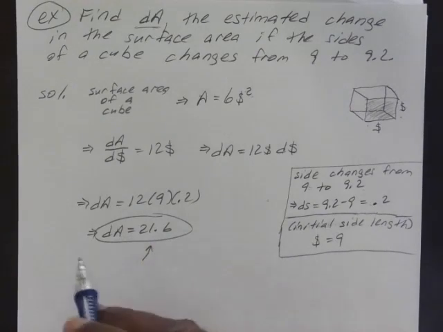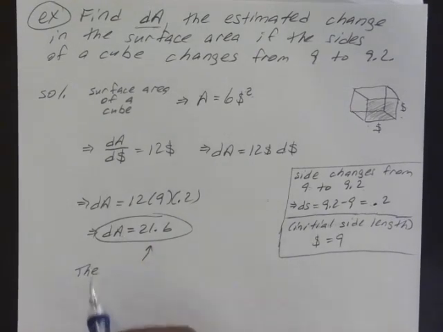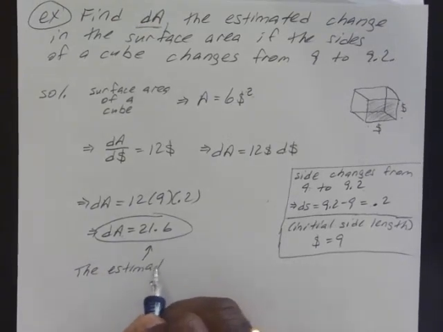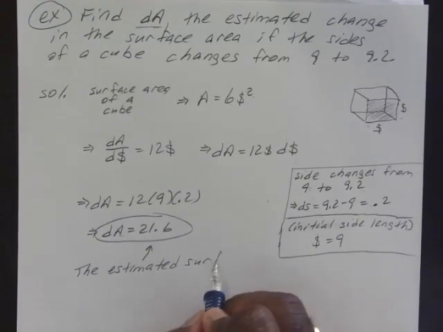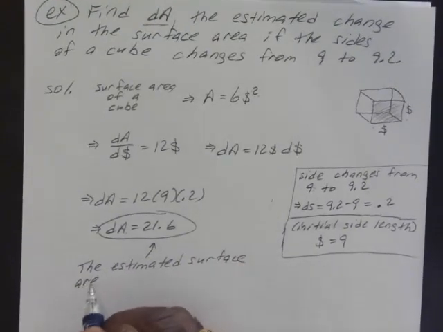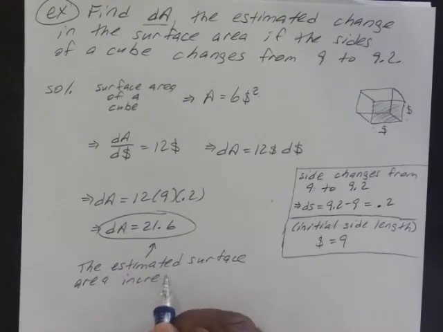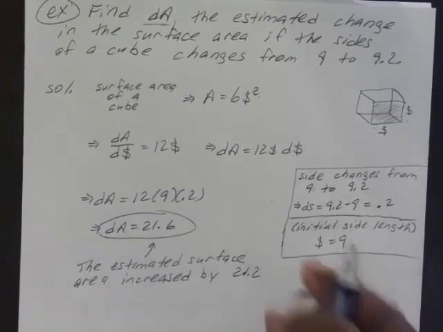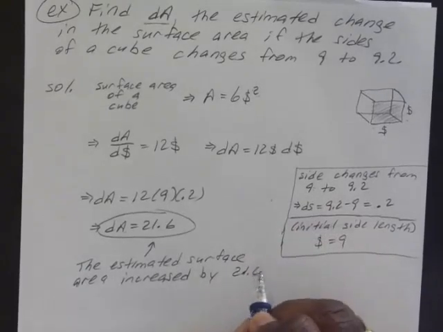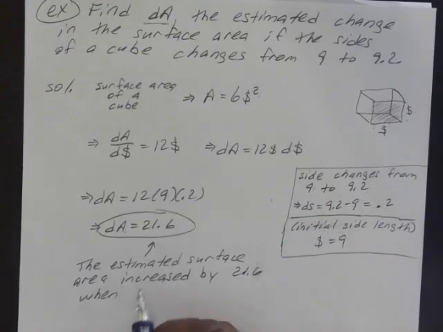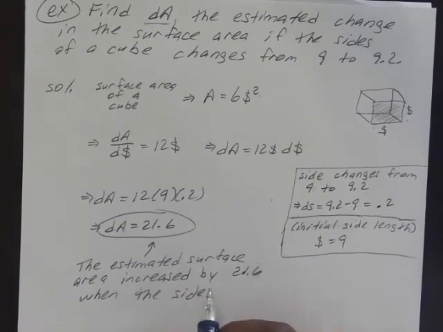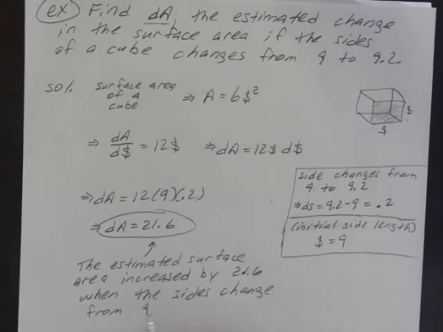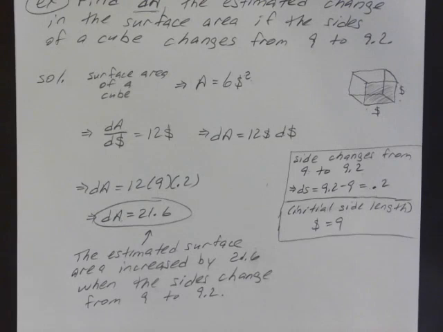So all this tells us is that the estimated surface area increased by 21.6 when the sides change from 9 to 9.2. It's kind of what that gave us.